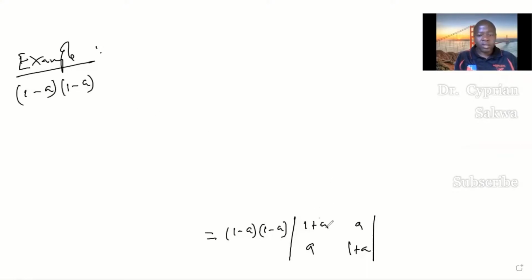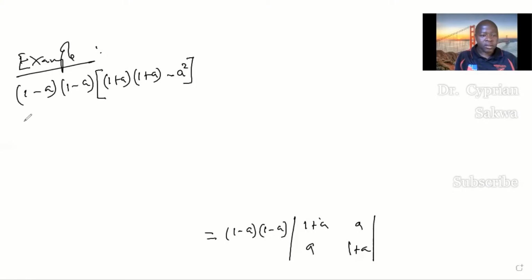And what is this determinant? This determinant is, let me just change the shape of this bracket so that I do not confuse myself, 1 plus R, 1 plus R, minus R square.